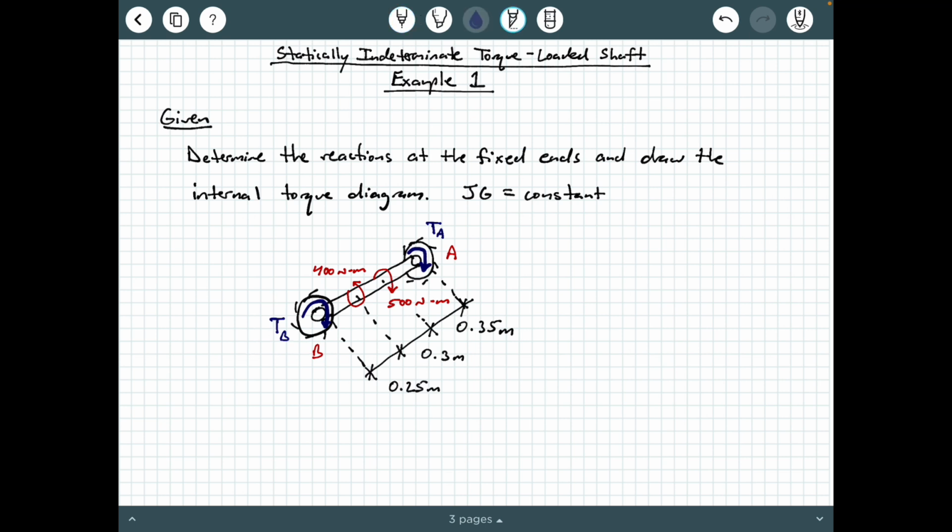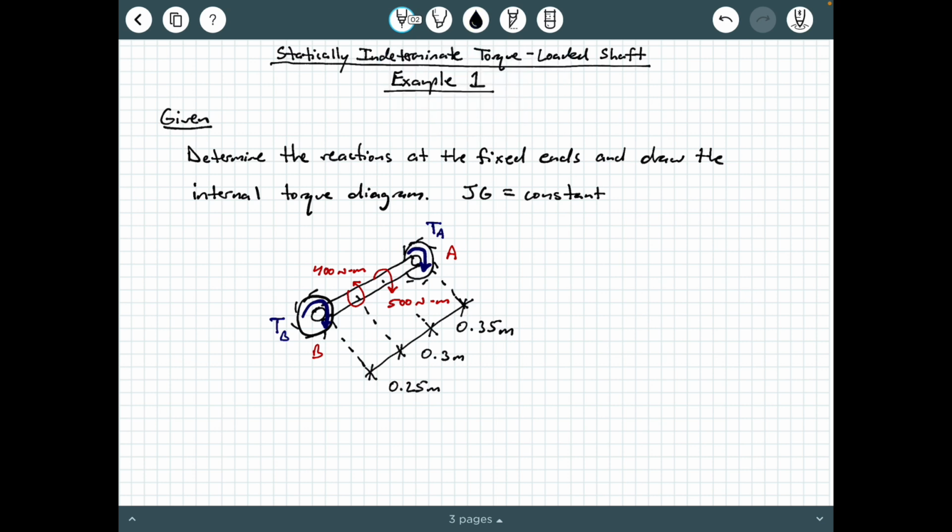And I drew them pointing in the same direction as each other, okay? Now remember, we're assuming the directions of these torque reactions, right? We assume a direction of a reaction, and if we do the calculations and one or both come out negative, that means that those reactions are actually pointing opposite of what we assumed. So this is what we have here.